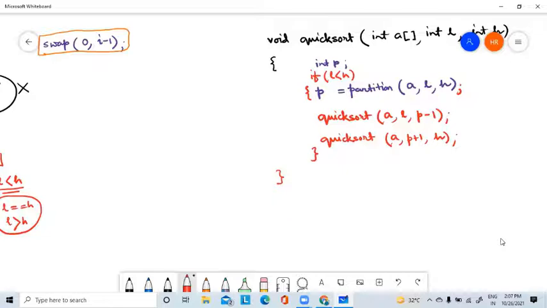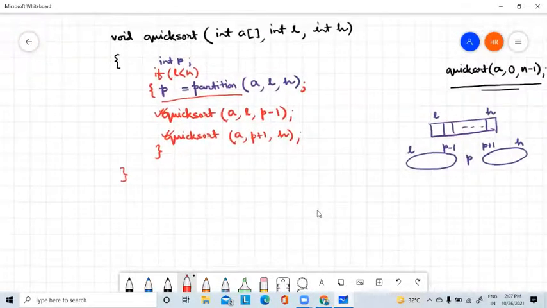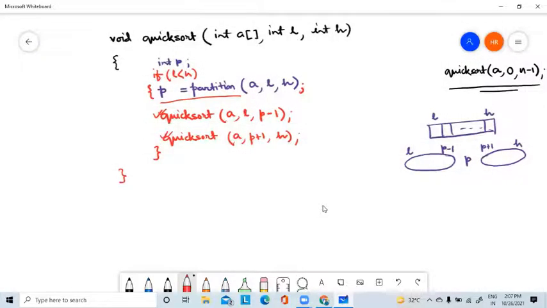From this quick sort, we are calling the partition function, and then we are calling two different quick sorts because my problem is now subdivided into two subproblems. So you can easily understand that the partition function is the most important one because it has to put the pivot in its proper position, as well as return the position of the pivot so that we can easily divide the problem into two subproblems.